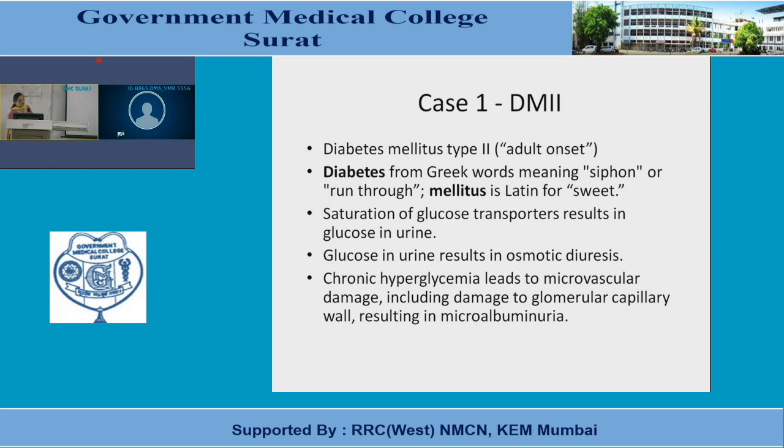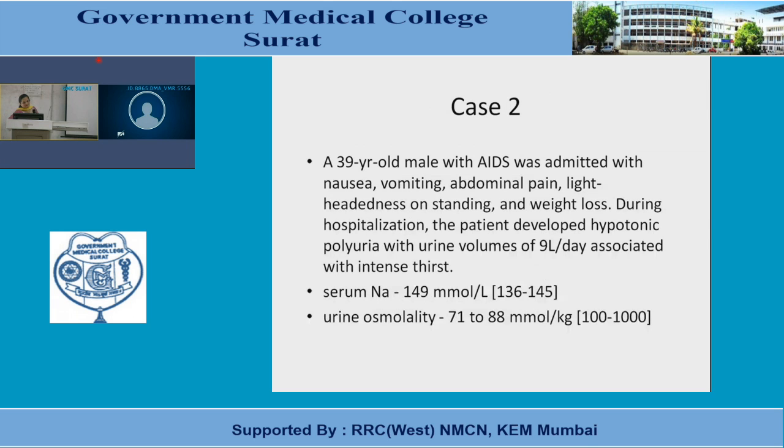Case 2: a 39-year-old male with AIDS was admitted with nausea, vomiting, abdominal pain, and lightheadedness on standing. During hospitalization, the patient developed hypotonic polyuria with urine volumes of 9 liters. The serum sodium was 149, usually more, and urine osmolality was 71 to 88.